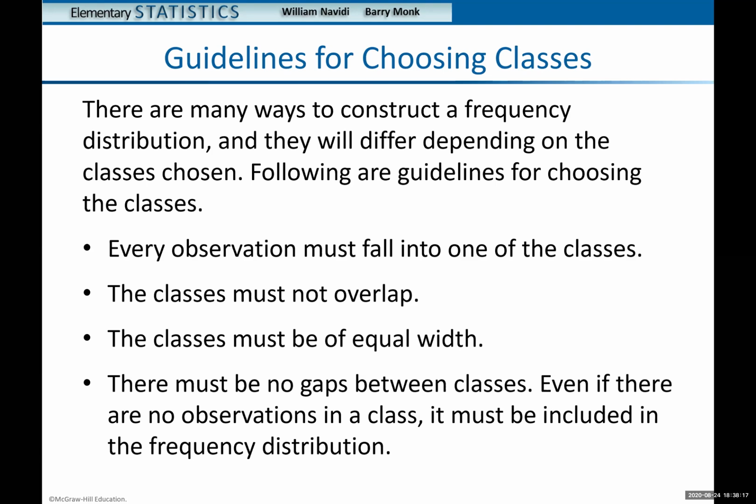The classes must be of equal width. There must be no gaps between classes. Even if there are no observations in a class, it must be included in the frequency distribution. And I will show you all this next.